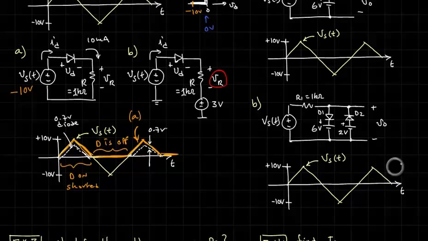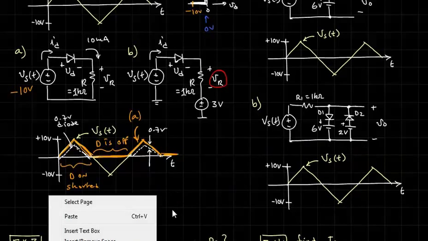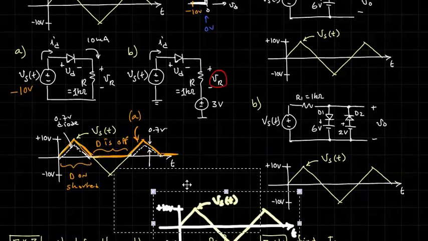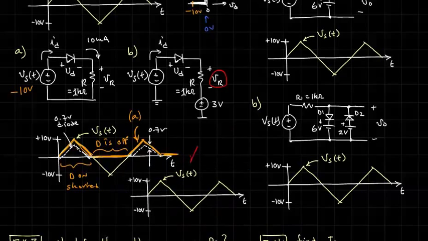So maybe I should make a copy of this and move it over here. Squeeze it in here. Okay, so this is going to be for B. So it'll be at 10 volts, it'll scale down to 7 volts. And if Vs, let's say, is 4 volts, then the voltage across the resistor will be 1 volt.